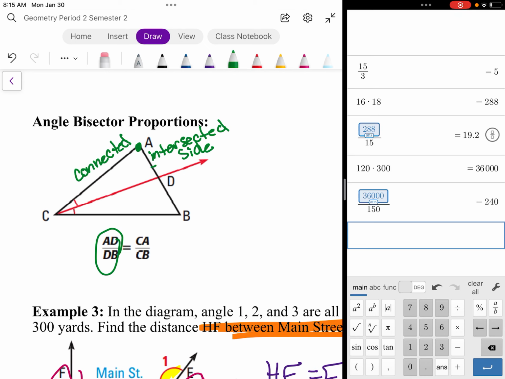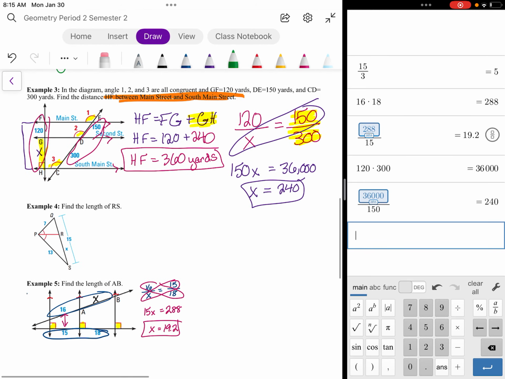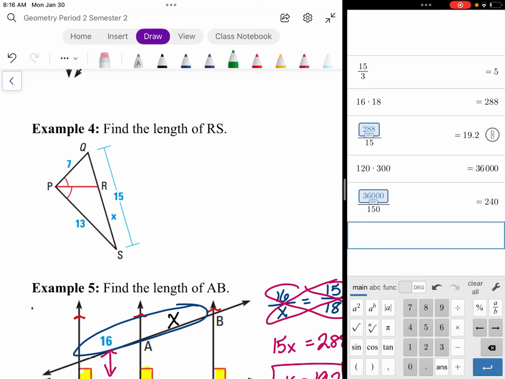So you would have AD over BD, and then you would have AD over AC, and then DB over CB.